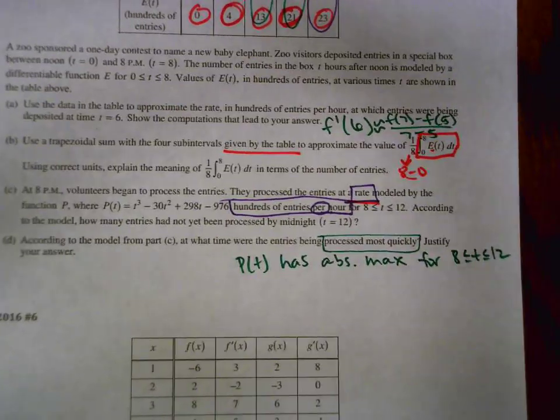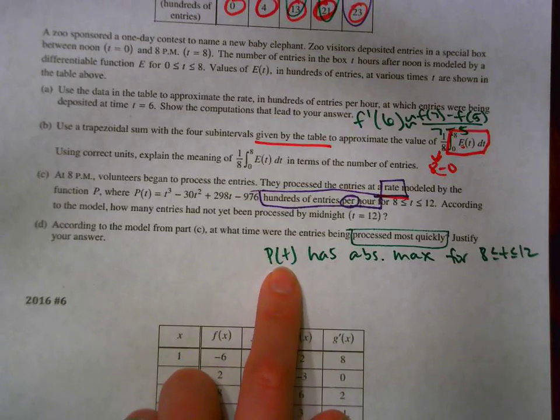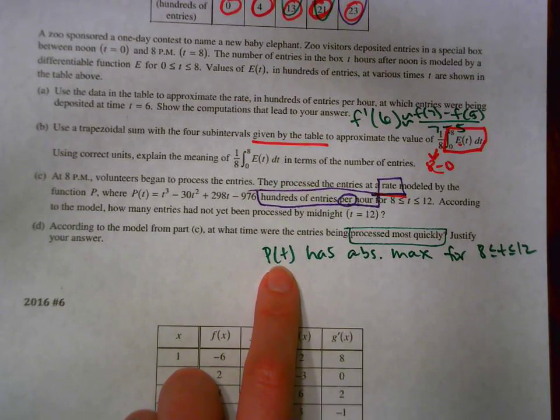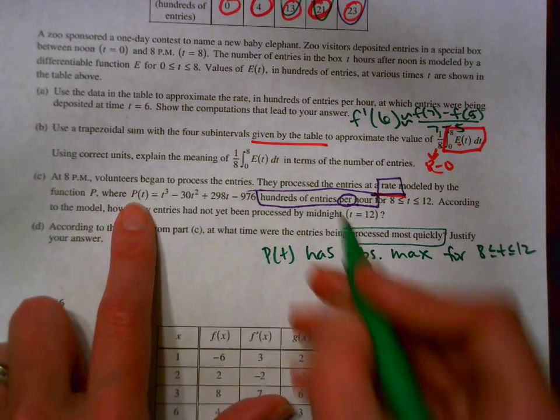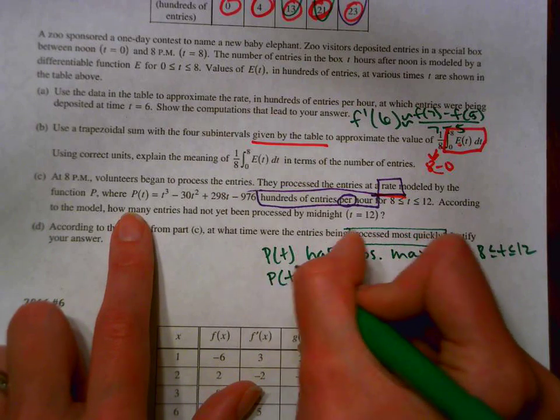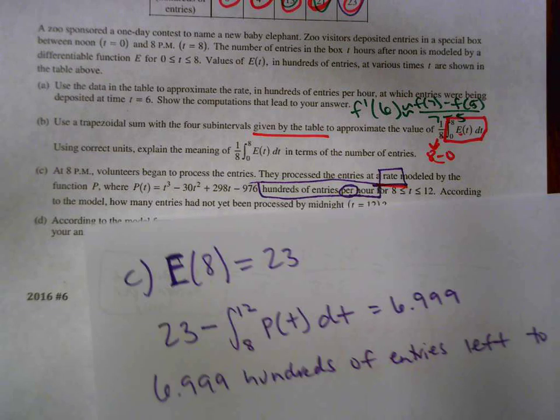So how do we find an absolute maximum? You find your critical number, and then you test your critical number and your endpoints into that function that you're talking about. So pay attention, we're talking about when does P of T have an absolute maximum, when they're being processed most quickly. So its critical numbers are when P prime of T equals 0.